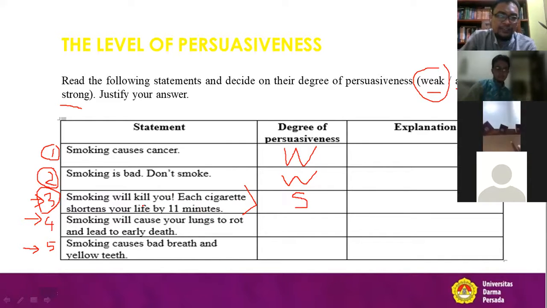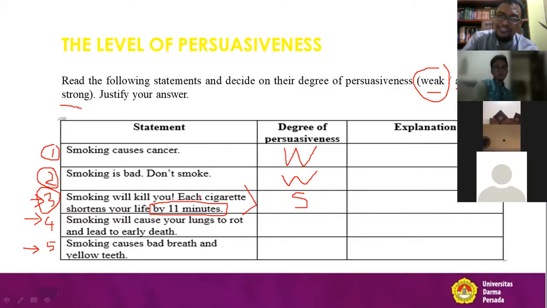Because here, each cigarette shortens your life by 11 minutes. We would assume that this 11 minutes is not just emotional. It could be something from medical reports, medical journals, or medical observations. Maybe doctors would say this.